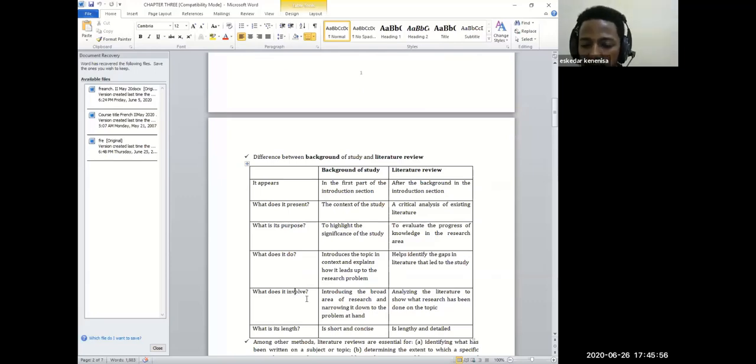What is involved in the background of the study? It involves introducing the broad area of the research and narrowing it down to the problem at hand, because you give a broad overview of the research and you come to your problem. This is the background.